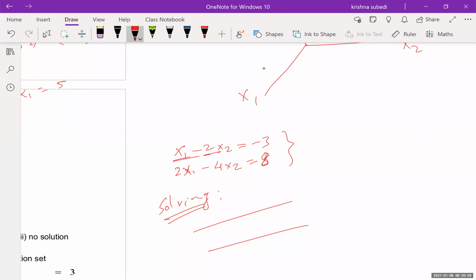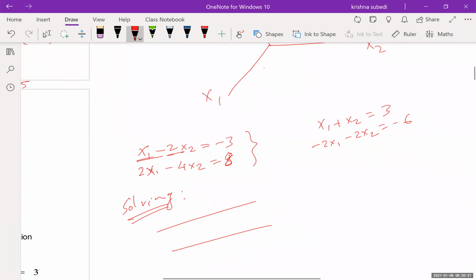Now let's try one more. Please solve these two equations now. And let me know what you get.